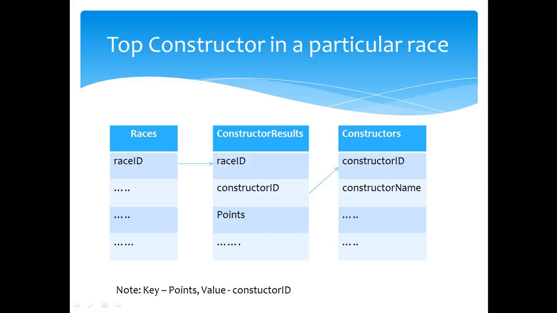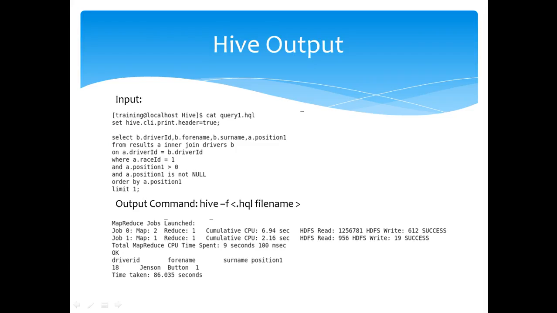From the race ID, which is an input to the code, we look up the constructor results, and from the calculated points in the constructor results CSV file we get the constructor ID. From the constructor ID, we get the constructor name from the constructors CSV file. Thus we find the top constructor in a particular race.